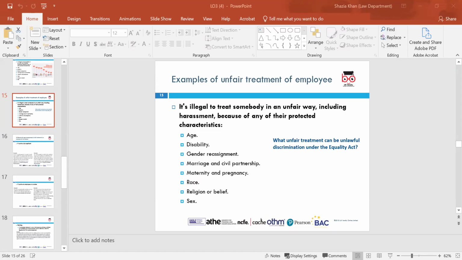The Equality Act 2010, as we mentioned, has protected characteristics on the basis of age, disability, gender reassignment, marriage and civil partnership, maternity and pregnancy, race, religion or belief, sex and sexual orientation. As an employer, it is imperative to recognise and respect these characteristics and create a workplace that thrives on diversity and inclusion.